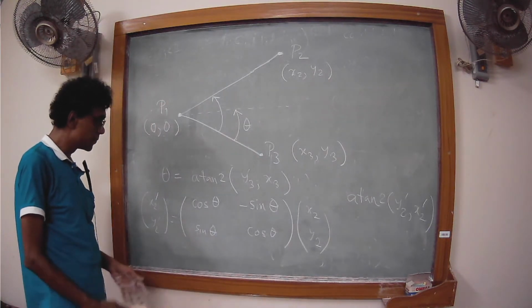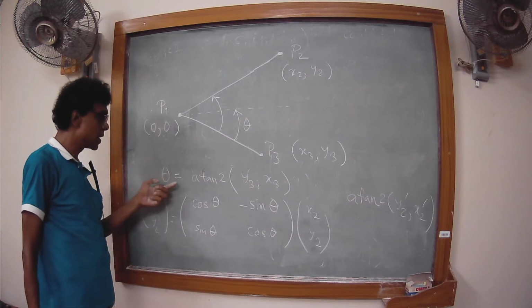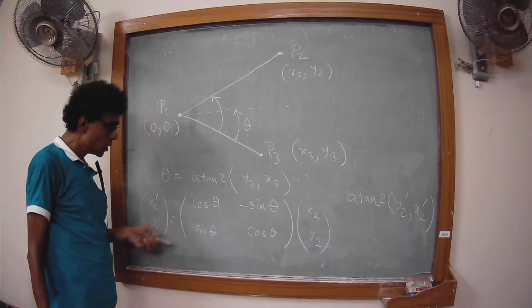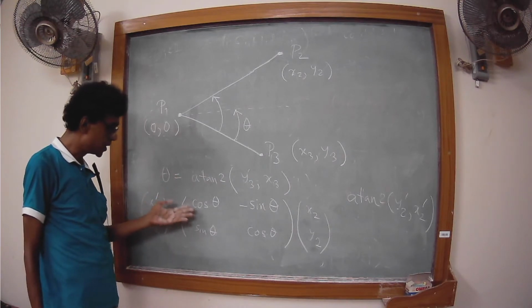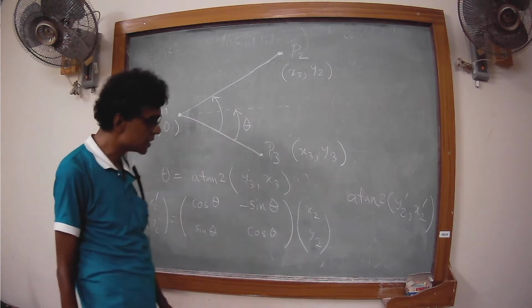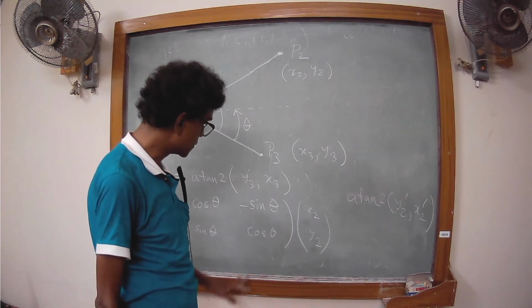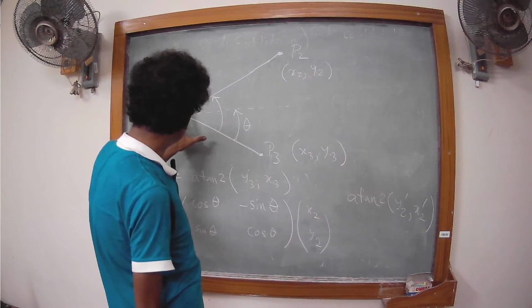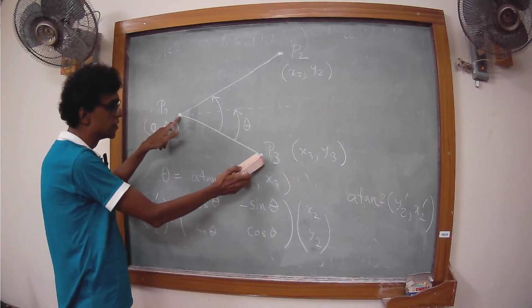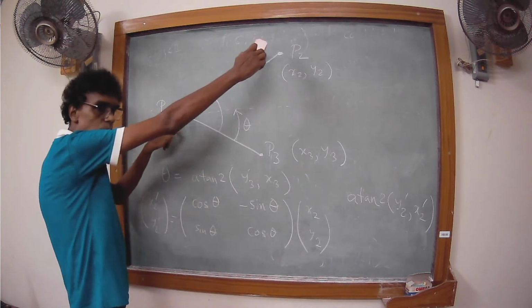In short, I will later argue why atan2 can be assumed to take constant time. And once you have this theta, you also have to invoke cos, sin and all these math library functions. You will assume all these things take constant time. You see that you can compute the angle between these two rays, P1, P3 and P1, P2.